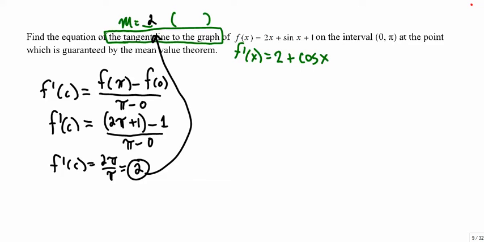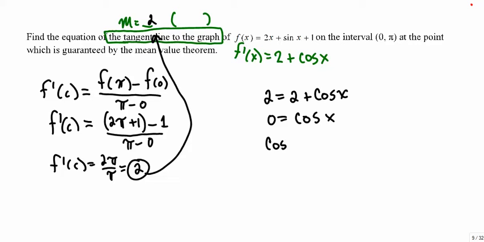Now we need a coordinate point, and the coordinate point is the x value, or the c value, that is the position that has the same slope, but also ends up being the x value that we need for our tangent line. So we now know that our derivative is equal to 2, because that's our slope, and we're trying to find the x value that gave us that. So let's do a little bit of math here.